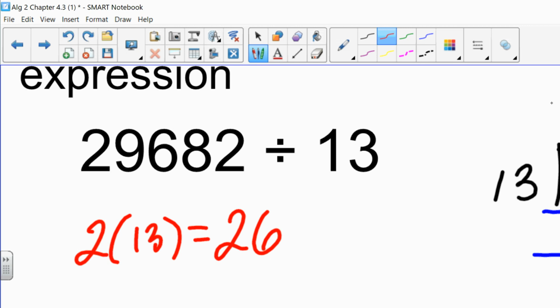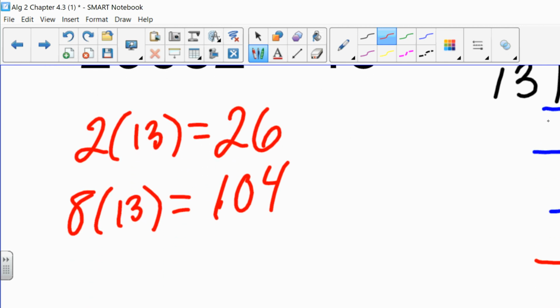Now we need to see how many times 13 goes into 108. 8. And we can do 8 times 13, which is 104. So we put 104. And we would subtract, and 108 minus 104 is 4. Bring down the 2.